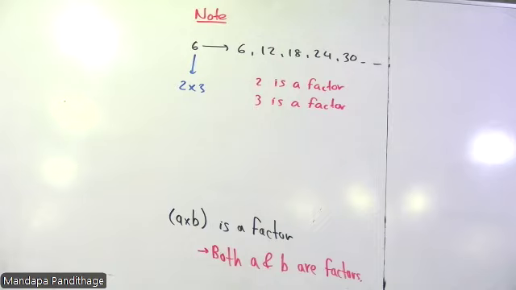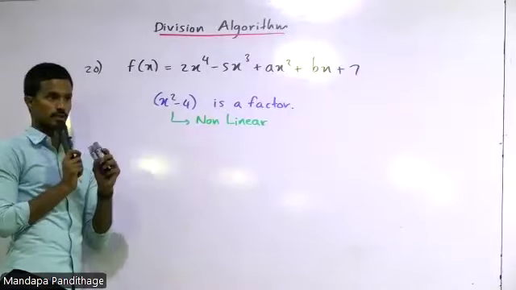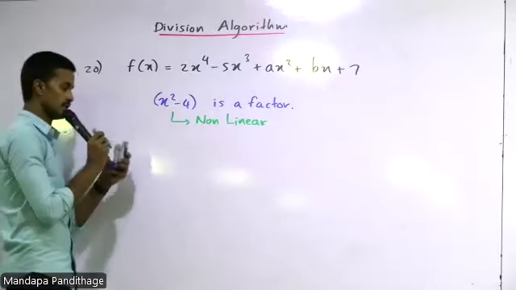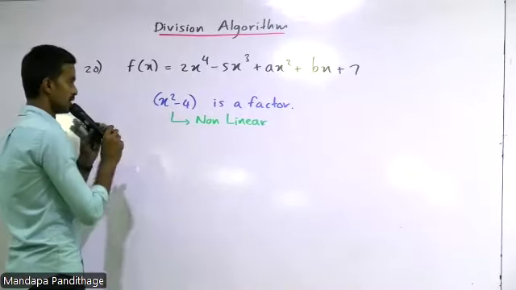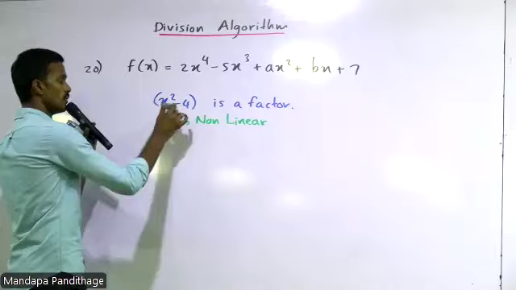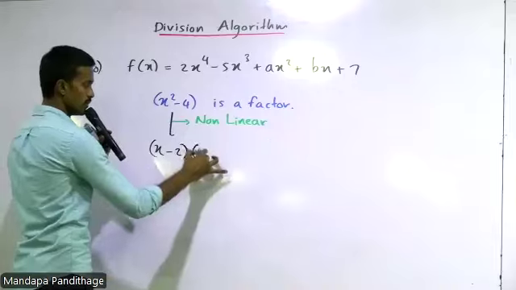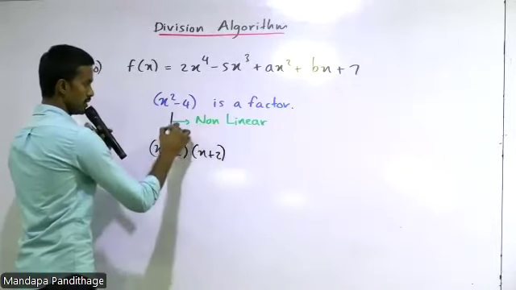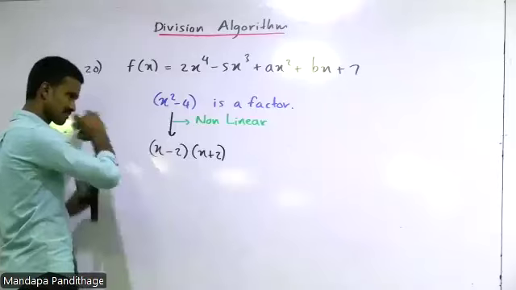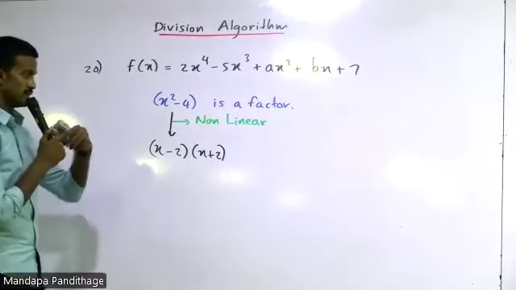Okay, so how can I apply that inside this question? Look at the board. x squared minus 4 is a factor. So I know x squared minus 4 can be written as x minus 2 and x plus 2. So what did we just learn?